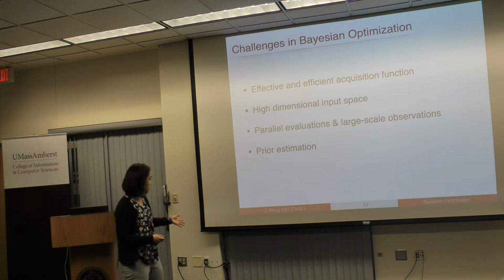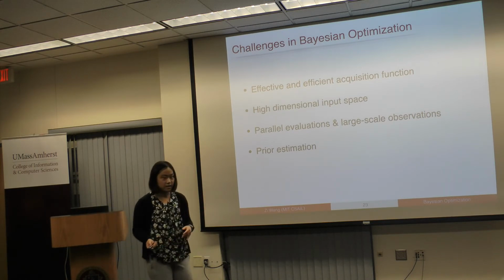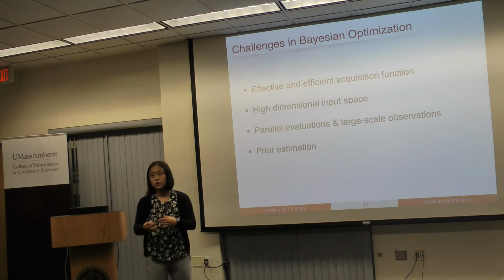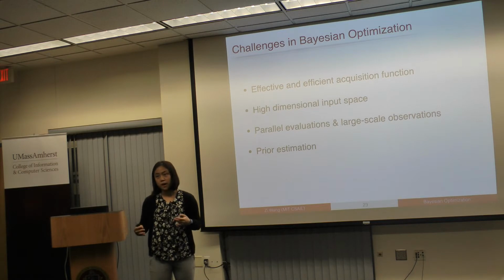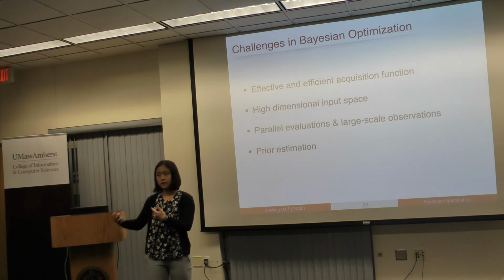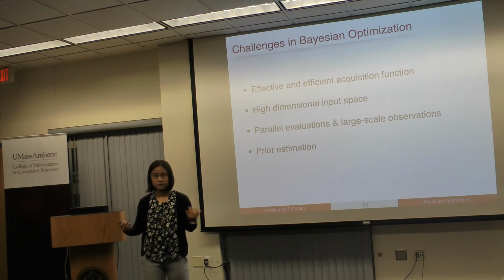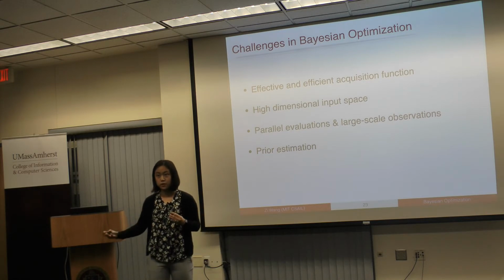And the last challenge is that, remember, when we are modeling our function, we're using a Gaussian process prior. But how we can get that prior in an effective way is also a very difficult task.